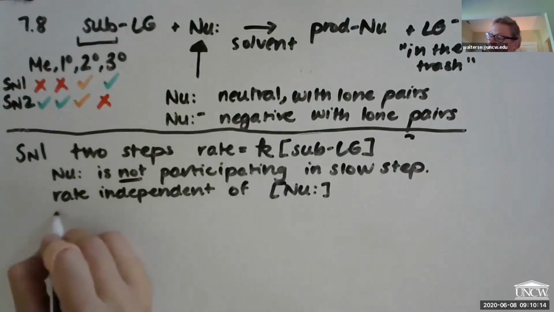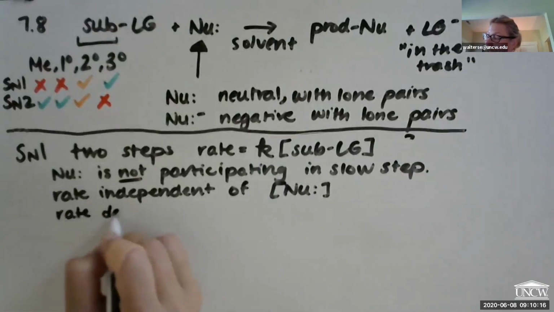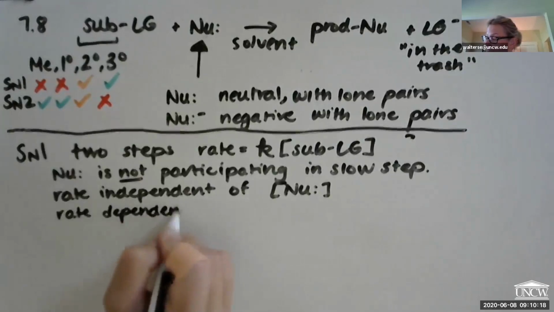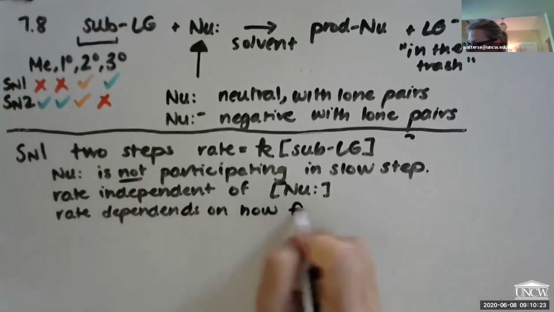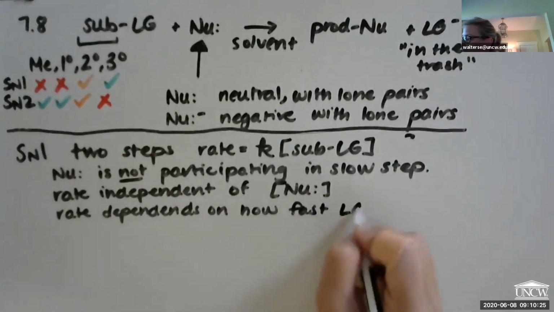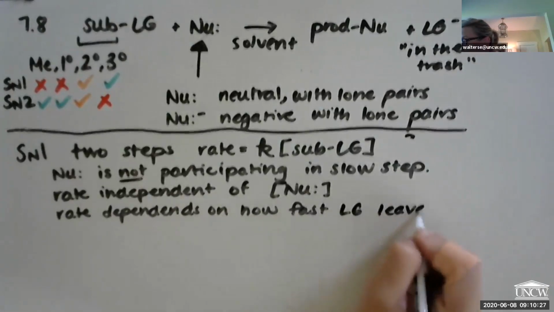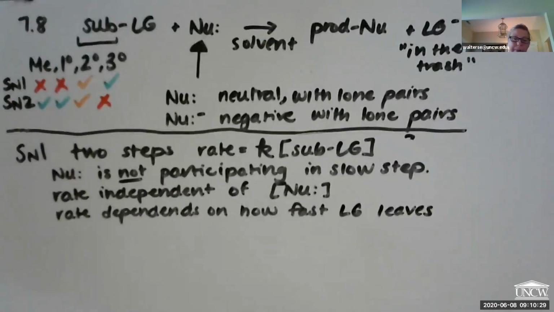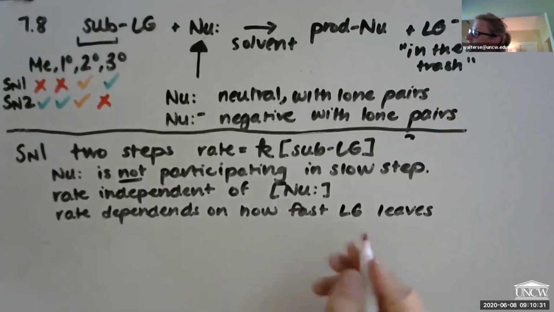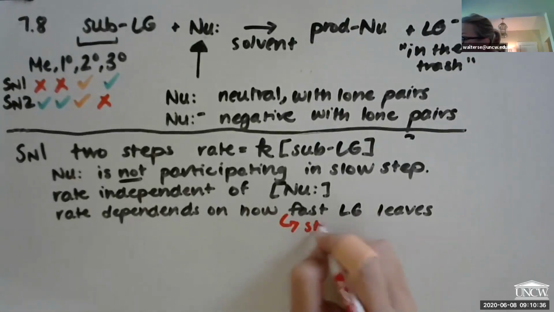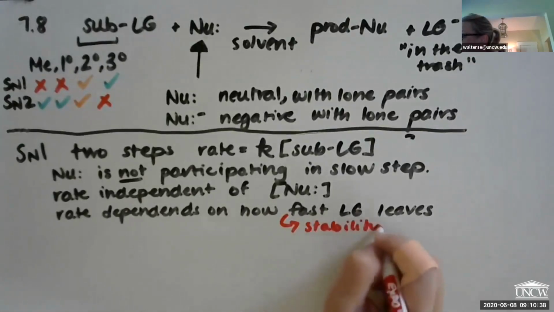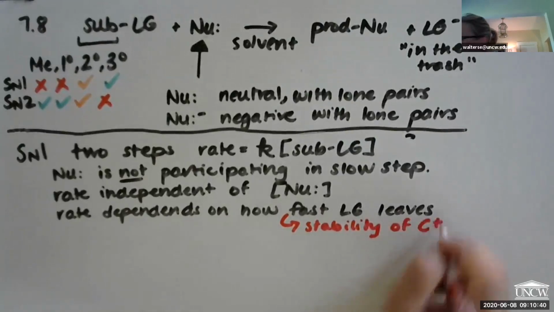The rate of the reaction depends only on how fast the leaving group leaves. And if you remember, how fast the leaving group leaves is related to the stability of the resulting carbocation.